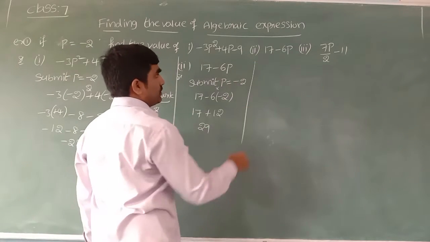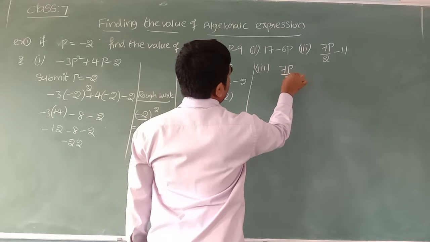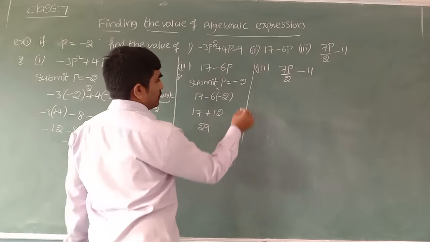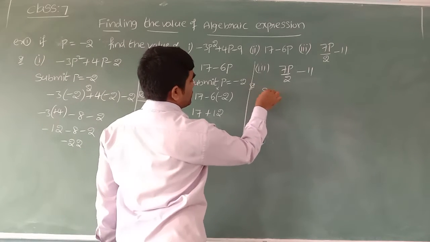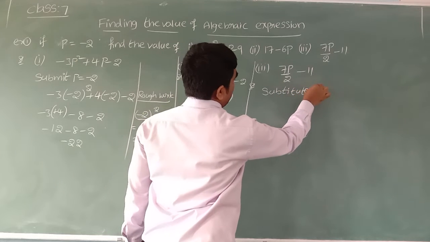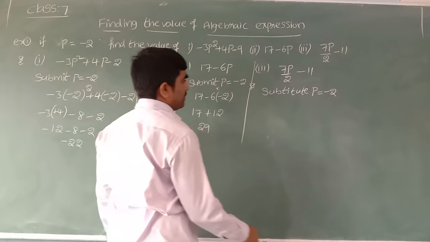Let's go for one more, beta, the third one. 7p by 2 minus 11, where p is equal to how much? Minus 2. In the solution, you can substitute. P is equal to how much? Minus 2.